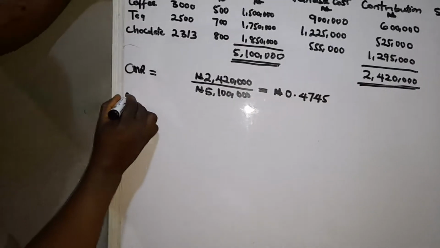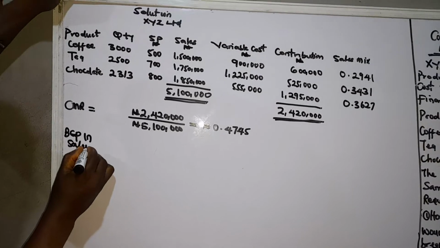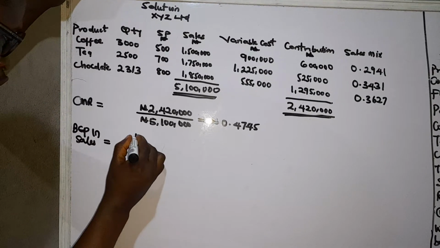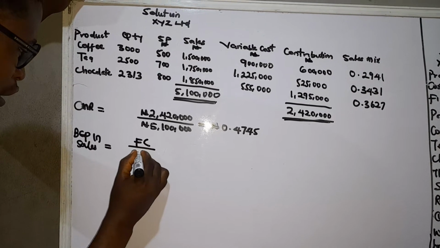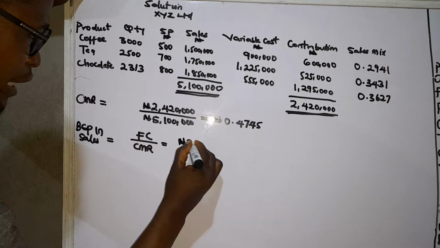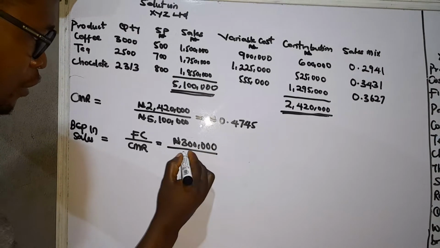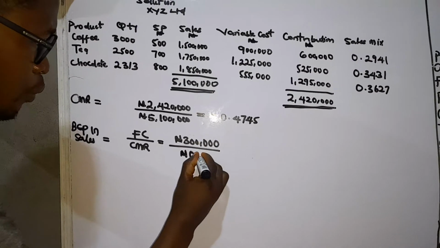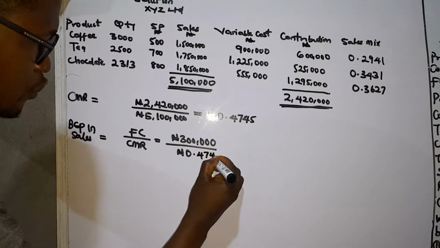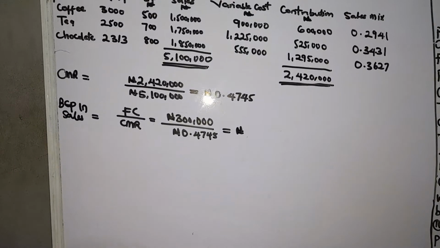Remember, you must get your break-even point in sales first, which is your fixed cost over CMR. And our fixed cost is given as 300,000 divided by 0.4745.